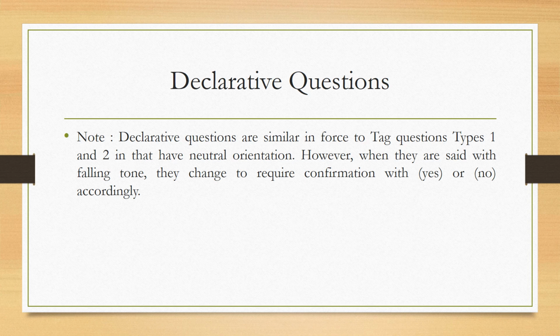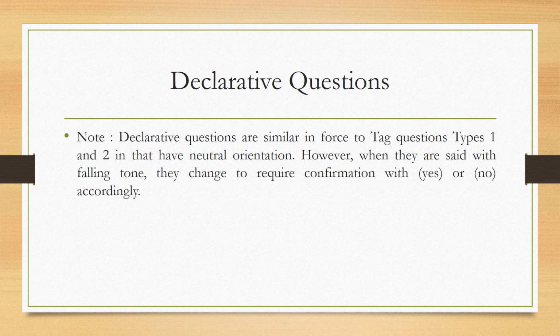The declarative questions are also the same. They are said with a rising tone, and the speaker is using a real question and needs an answer, which can be either yes or no.